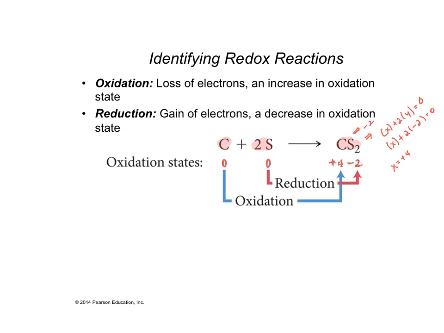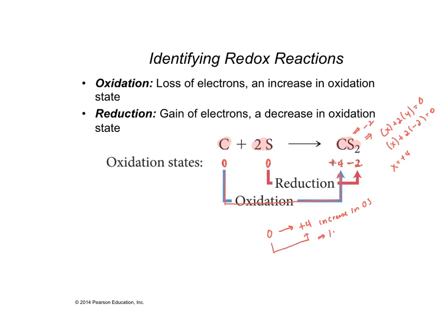Okay, so now in going from 0, which is what happens to carbon as a reactant, all the way to +4 as a product, right? So it goes from a 0 to a +4. This is an increase in oxidation state, right? So an increase in oxidation state, how can that occur? How can you have something that goes from a 0 to a positive value?